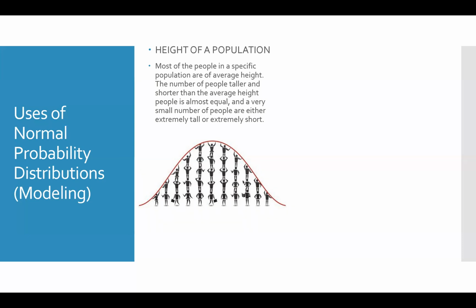So you're going to have a bunch of people here in the middle. Then as you move out from that center or that average, because remember the mean is in the middle, that's your average, you have fewer people that are tall or taller, maybe like your basketball players, those really tall people. And then as you continue to move out further, you have fewer and fewer and fewer that are extremely tall or, on the other end, extremely short.